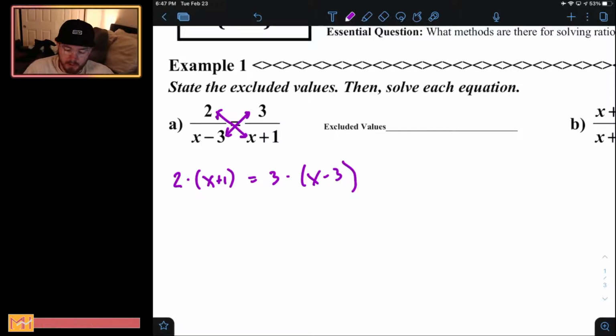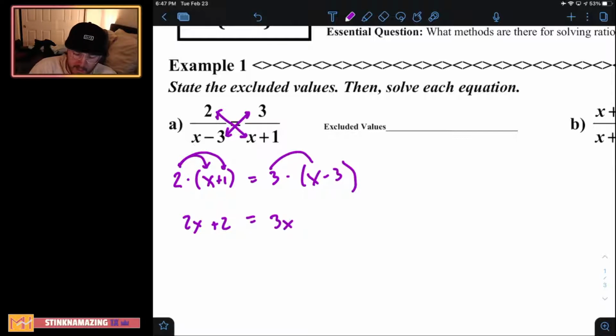What's important, and what I'm stressing here with the parentheses, is that when we perform this multiplication, we have to distribute. It's not just 2 times the x, it's 2 times x plus 1. So 2 times x and 2 times 1 equals 3 times x and 3 times negative 3. It's important that we distribute this.